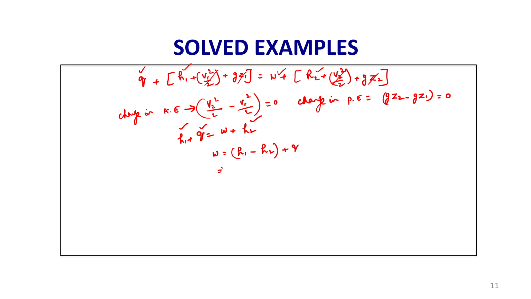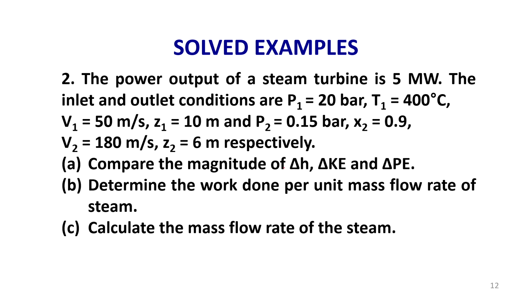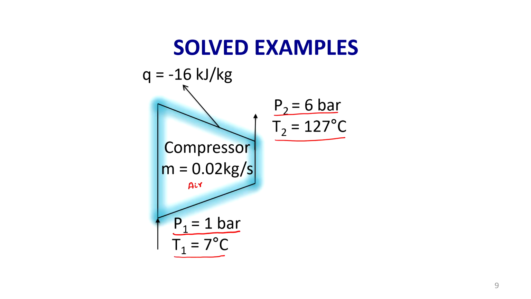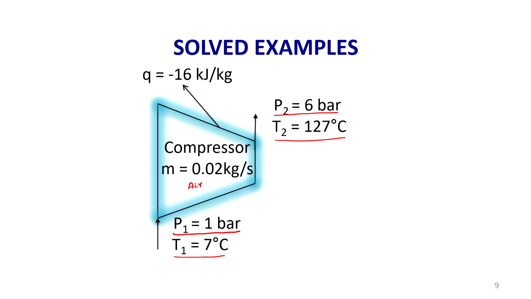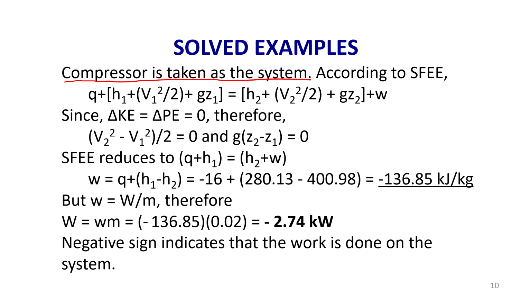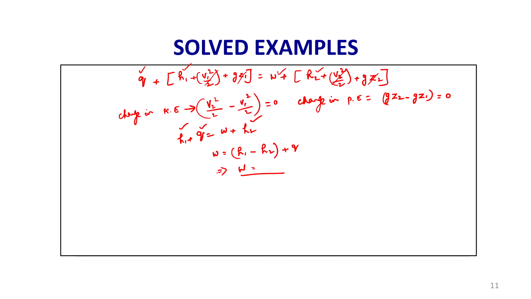If you substitute the values, H1 and H2 are given in the problem. Substitute the values, you will get minus 136, and the Q value is also given, minus 136.85.